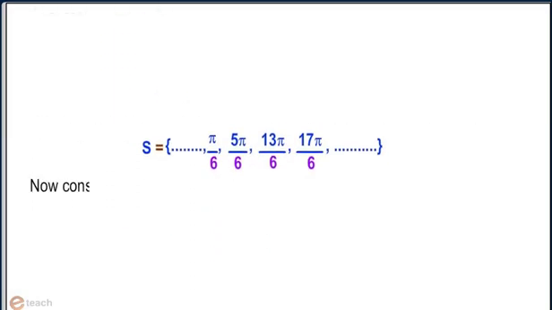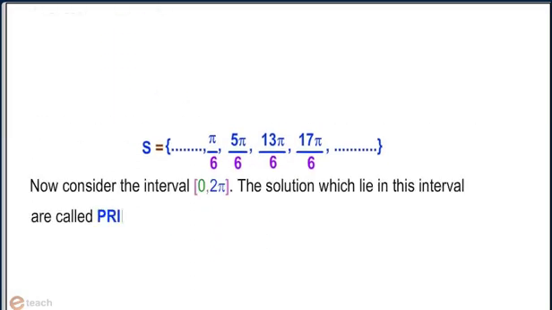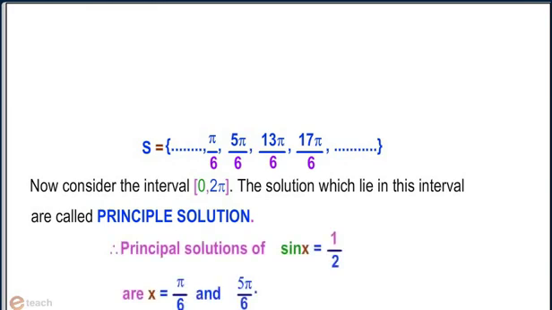Now consider the open interval 0, 2 pi. The solutions which lie in this interval are called principal solutions. Therefore, principal solutions of sin x equals 1 by 2 are x equals pi by 6 and x equals 5 pi by 6.